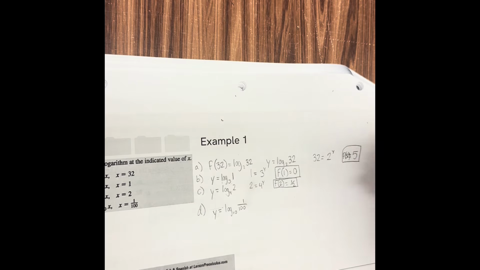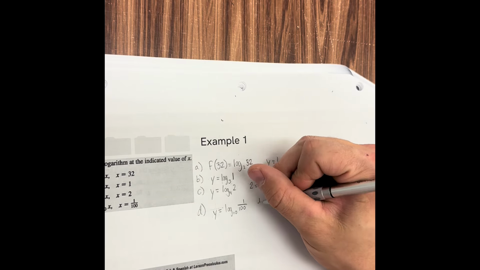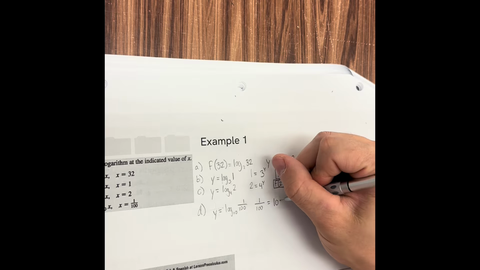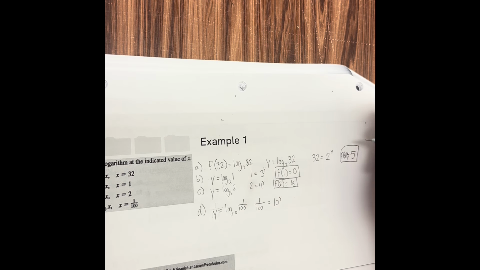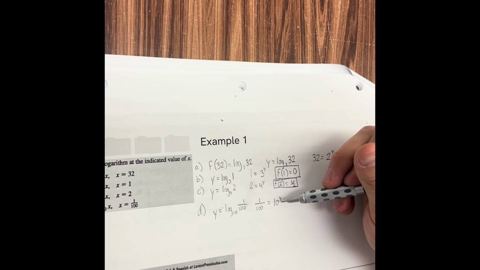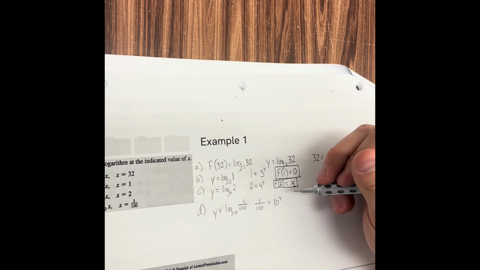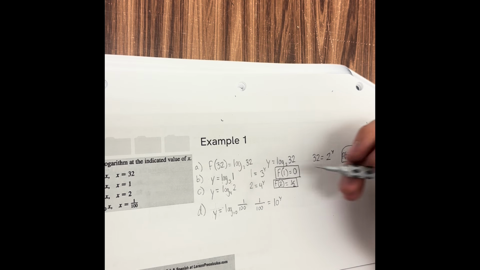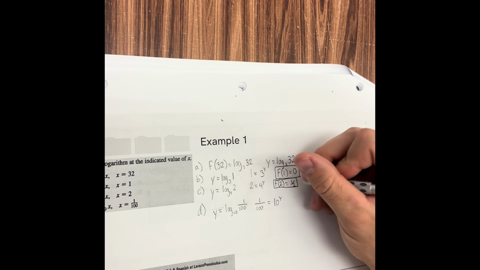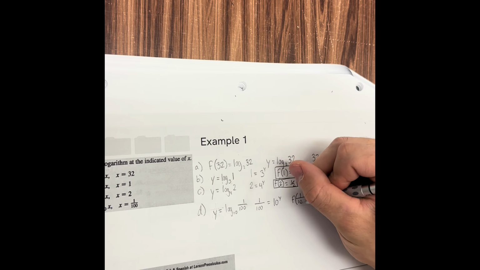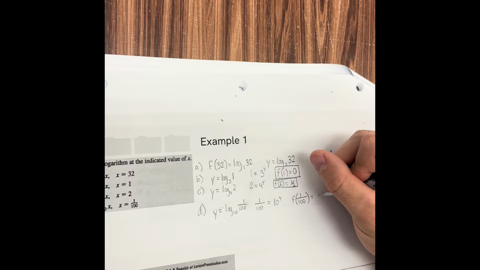So that means that 1 over 100 is equal to 10 to the power of something. So 10 to what power equals 100? Think of that first. In this case, 10 squared is 100. But since it's 1 over 100, that just means that it has to be -2. So f of 1 over 100 equals -2.